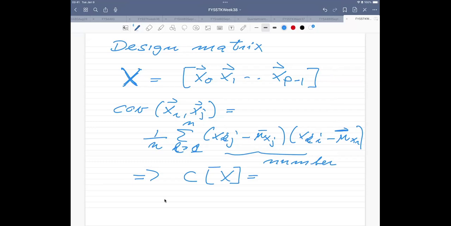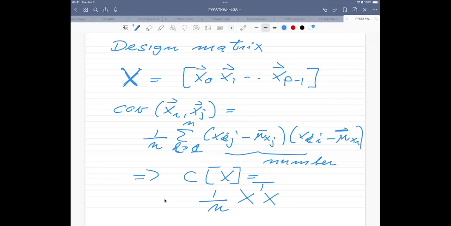Now, you can rewrite this as 1 over n times the design matrix X transpose times X. This is very interesting, because this is the quantity we invert in ordinary least squares. The covariance matrix, irrespective of whether we are doing ordinary least squares, ridge or lasso regression, is given by this matrix, which also happens to be the second derivative of the ordinary least squares mean squared error.